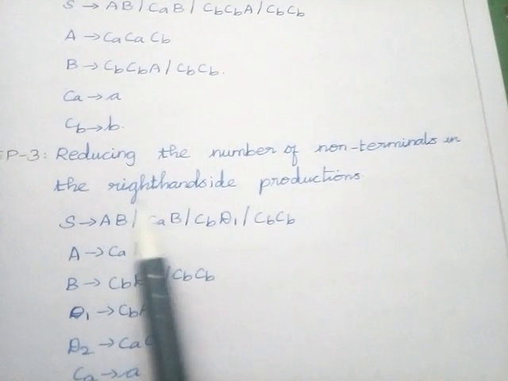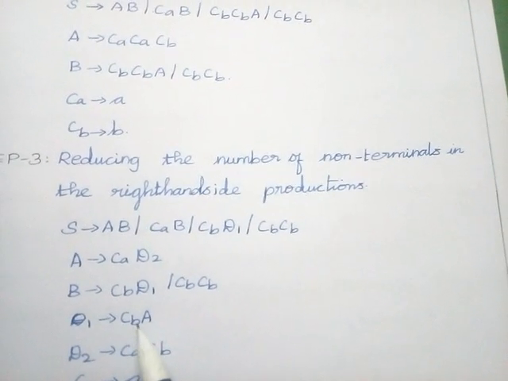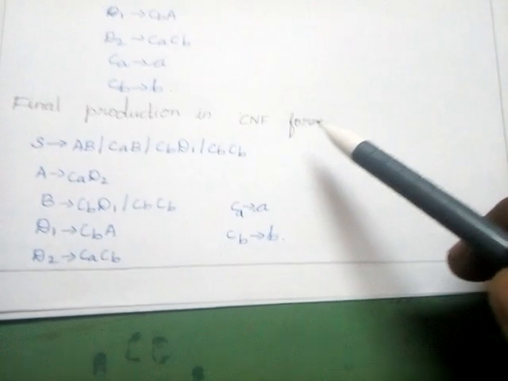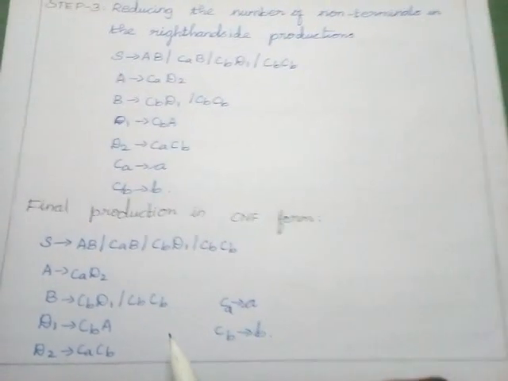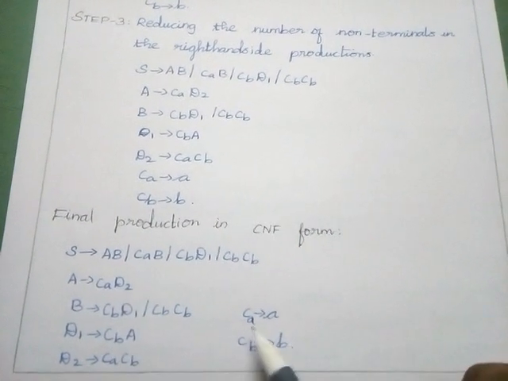The next step is to reduce the number of non-terminals in the right hand side productions. For that, we have to replace CBA with D1 and CACB with D2. The final productions in Chomsky normal form are this. CNF is nothing but a single non-terminal deriving two non-terminals, or a single non-terminal deriving a single terminal.